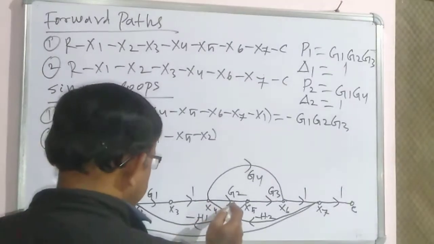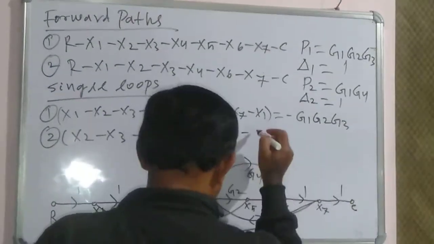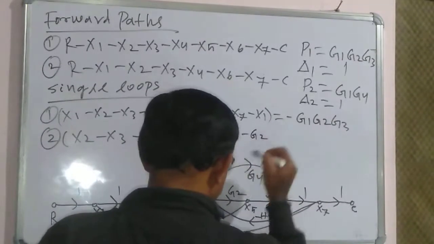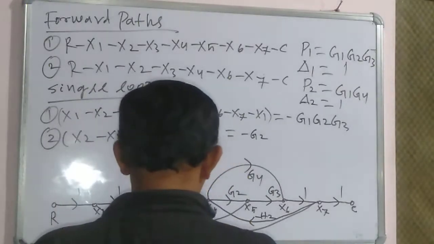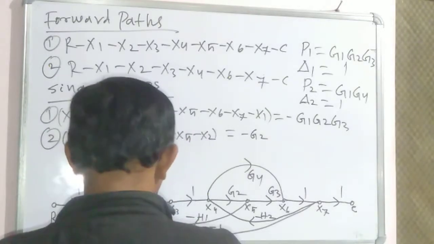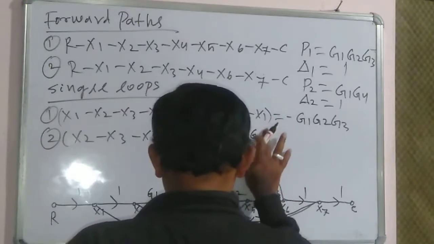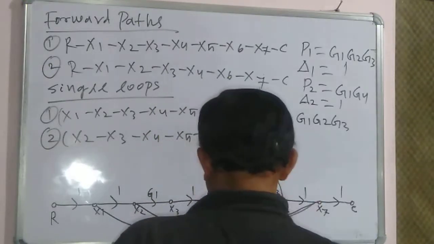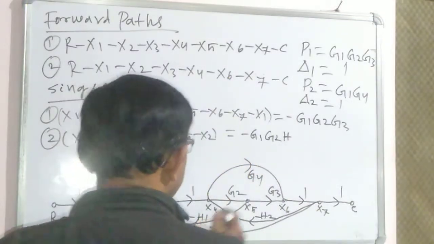Therefore the gain is G2 and minus H1, so minus G1 G2 H1.